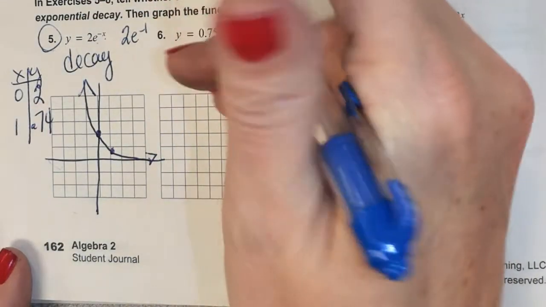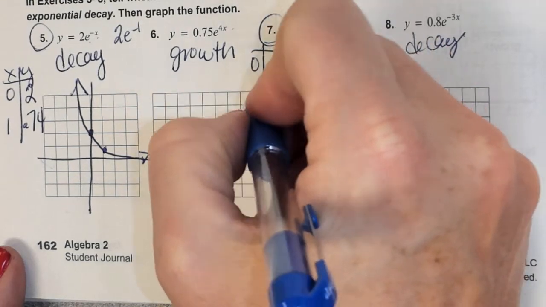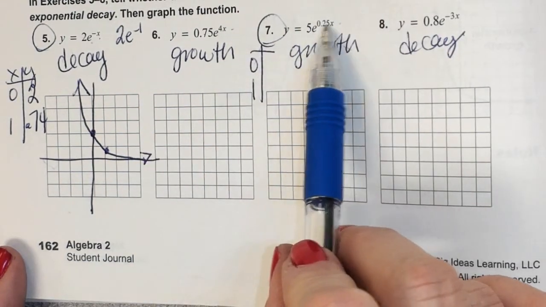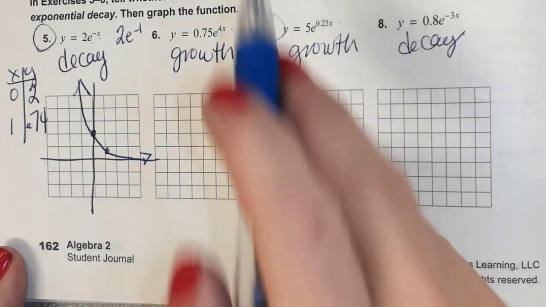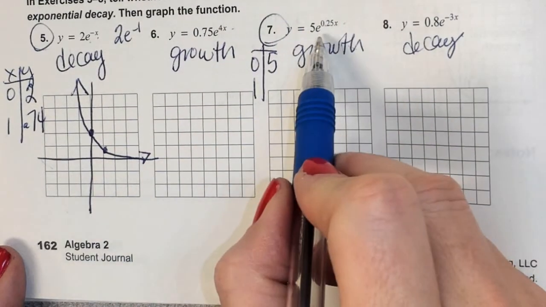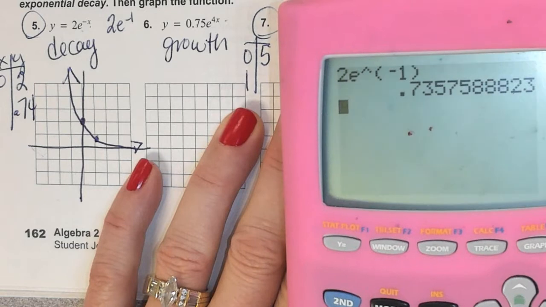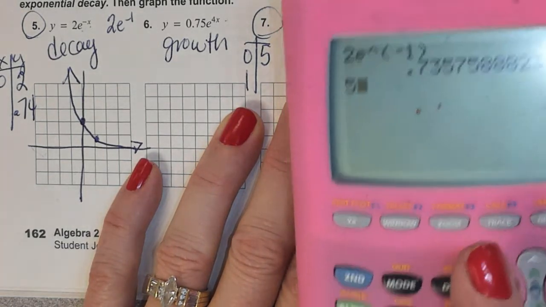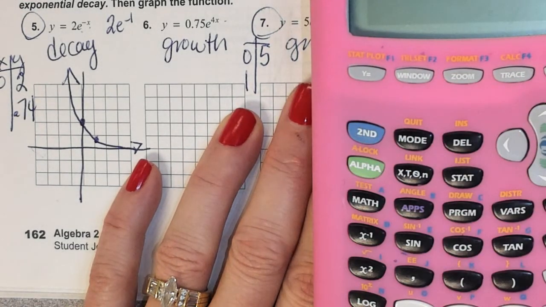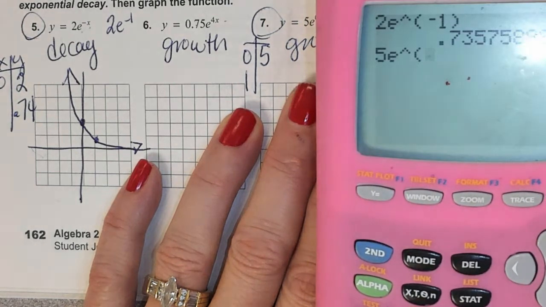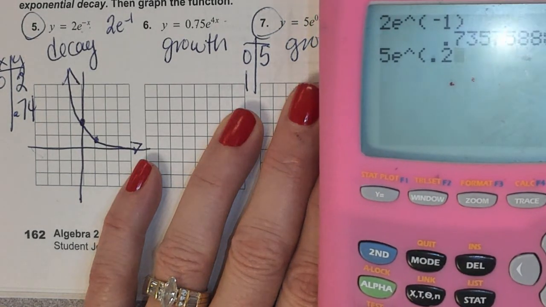All right, let's do the next one. Just plug in 0 for x and then 1 for x. Anything to the 0 power is going to be 1 times 5. To do the next part, I might just want to type this in. So it's going to be 5, and then I need that e again, e to the 0.25.